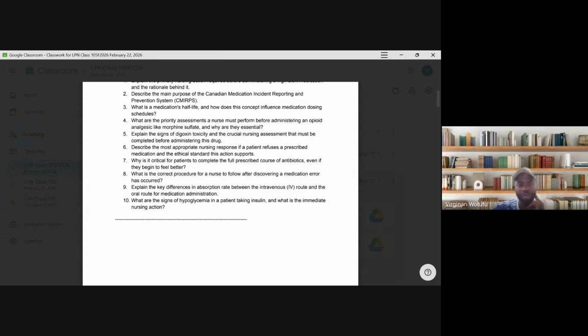So question 8, what is the correct procedure for a nurse to follow after discovering a medication error has occurred? What do you say was the first step after discovering a medication error?